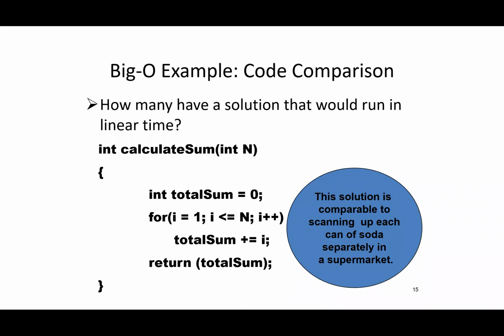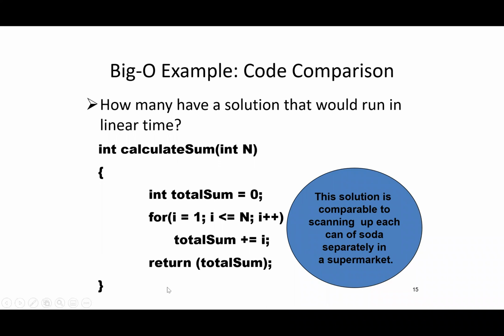So if you buy 10 cans, then the cashier has to scan how many times? 10 times, right? If you buy 20 cans, then she has to scan 20 times. Or you buy 100 cans, then she scans 100 times. So you can imagine if you buy more, then the time taken for you to pay is longer, right? Because she scans one by one, according to how many cans you buy, right?